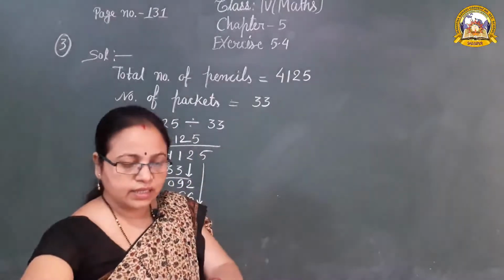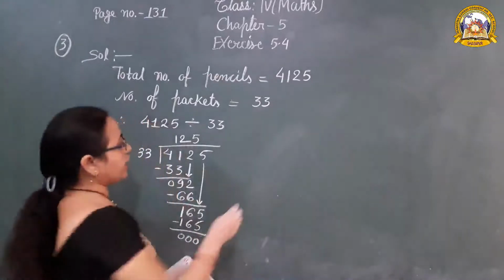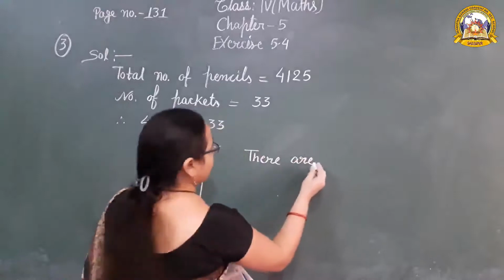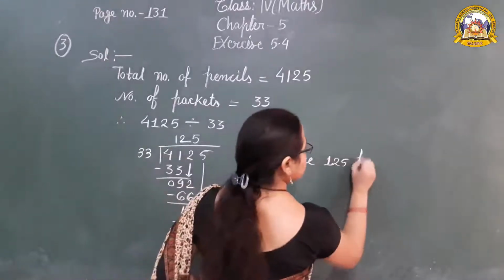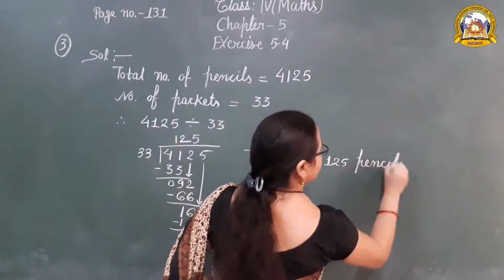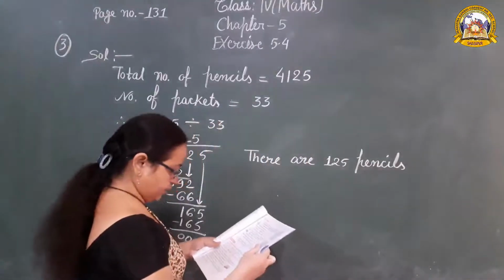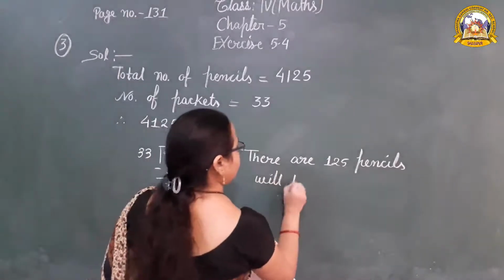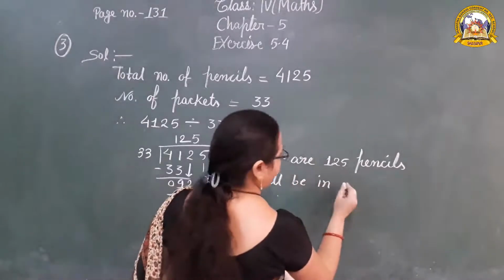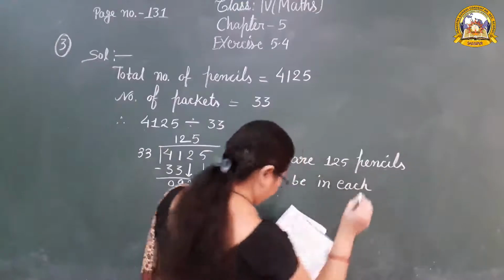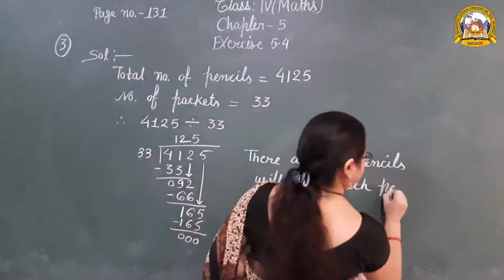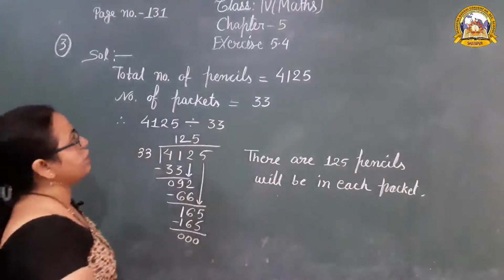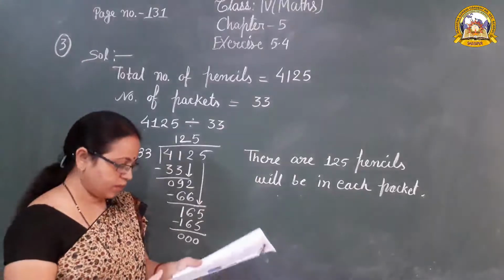So we write as an answer, there are 125 pencils in each packet. Okay. So this time we have to solve the word sum. One more question is there.